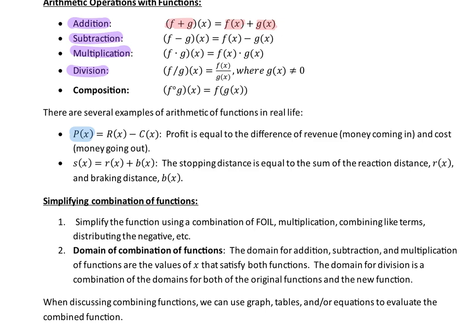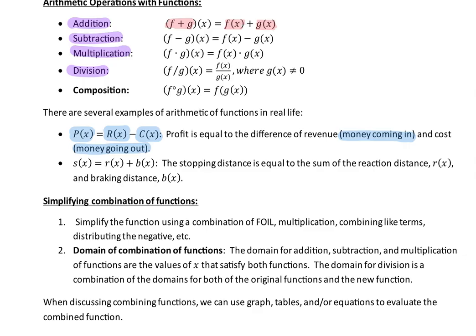When we talk about calculating profit for businesses, usually we have a revenue function. This represents the money that we are generating, the money that is coming into our company. And from that, we want to subtract the cost function, which is the money going out. And the money that we have left is what we refer to as profit.